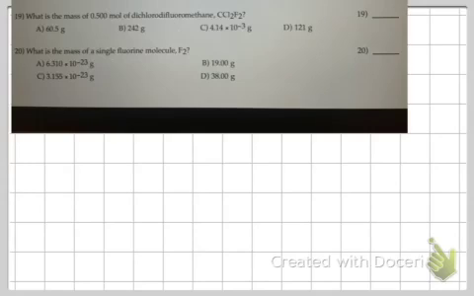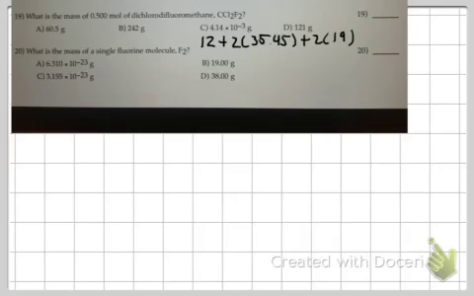What is the mass of half a mole of that CFC? So that's C here. So we need to get the molecular mass. So it's going to be 12 for carbon plus 2 times 35.45 for chlorine plus 2 times 19 for fluorine.